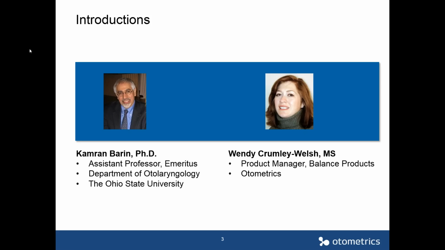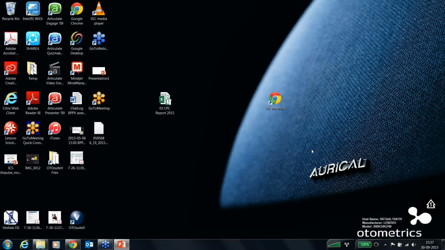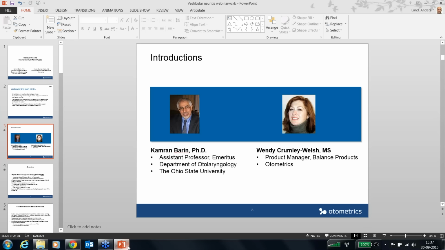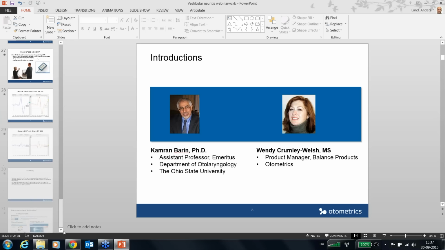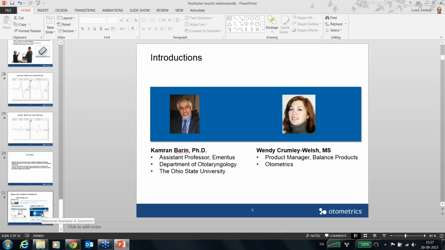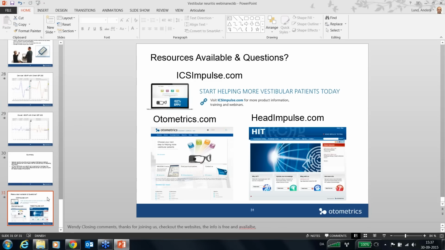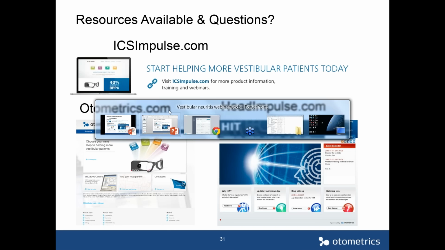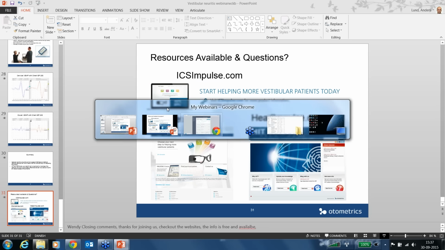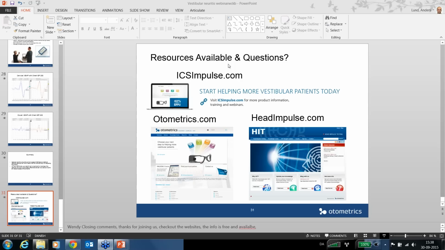Initially, as the patient recovers, most of the patients will have overt saccades, which means these saccades are visible even with the naked eye. Over time, and that's fairly quick, we're not talking about weeks, it might be within a few days, you may end up with catch-up saccades that convert to covert saccades.